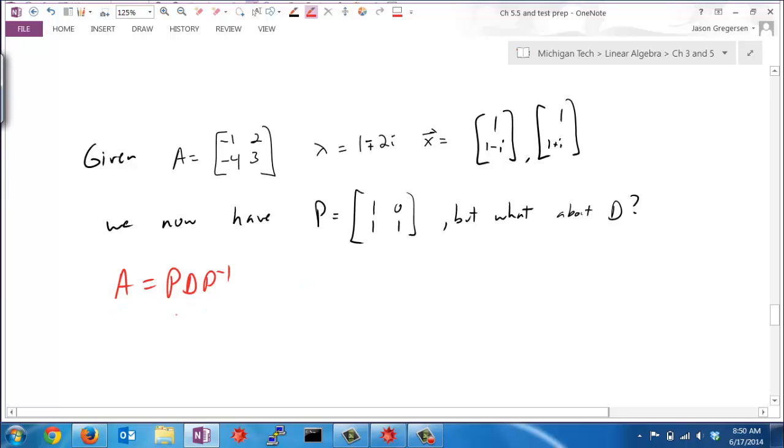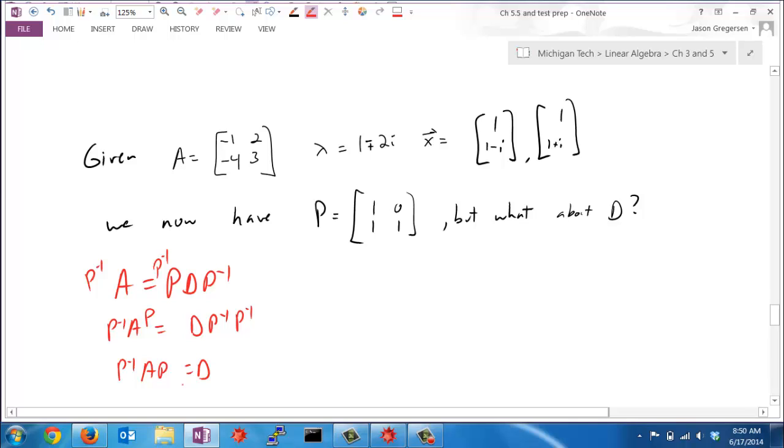If I take this equation and multiply both sides by P inverse, I will get P inverse times A equals D times P inverse. If I right multiply both sides by P, I'll get P inverse A P equals D. I'm just solving for D. And I can do that because I know the inverses exist in this case.